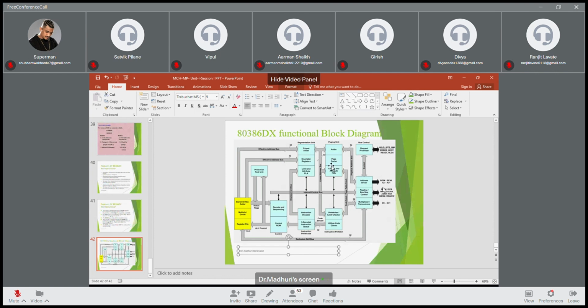Now the CPU consists of the execution unit, prefetch unit, and instruction decoding unit. This is the CPU part.